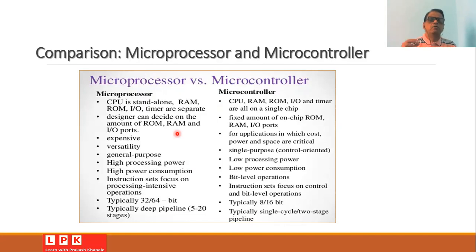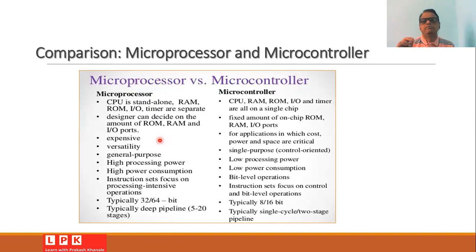While in the case of a microcontroller, there is no flexibility because the things are fixed, and whatever chip you select, you will find that a fixed amount of ROM, RAM, and IO ports is made available on the microcontroller chip.